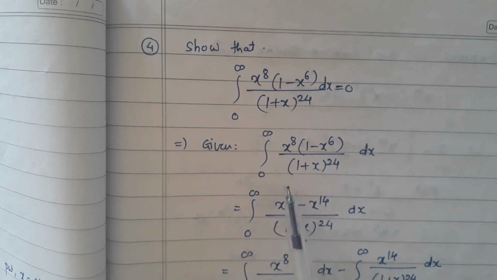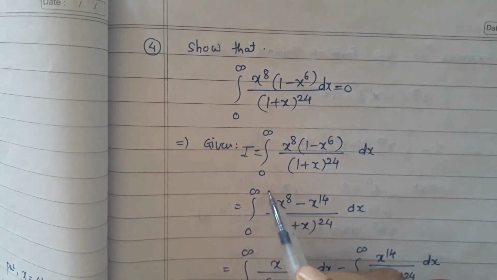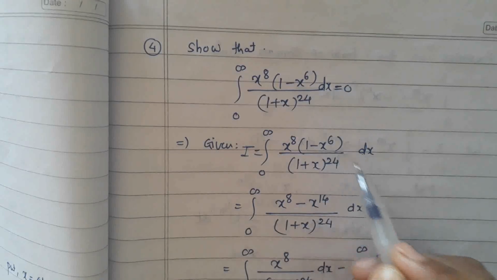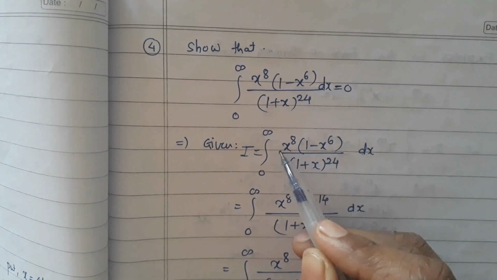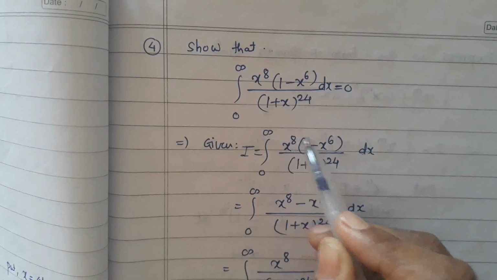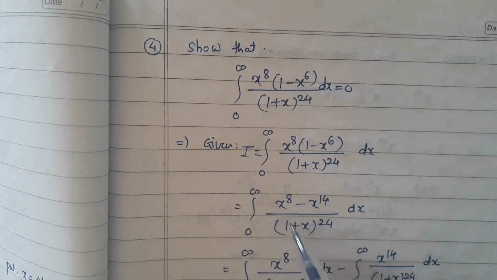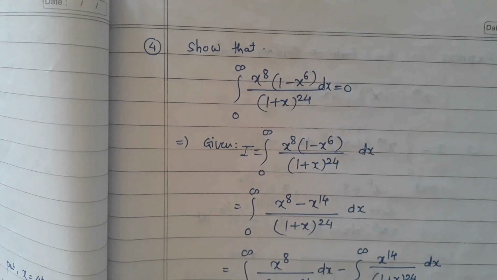The first step is that let us consider the integral I is equals to integral 0 to infinity x raised to 8 (1 minus x raised to 6) dx upon (1 plus x) raised to 24. Multiply by x raised to 8 inside, and add the powers: x raised to 8 minus x raised to 14 upon (1 plus x) raised to 24 dx.